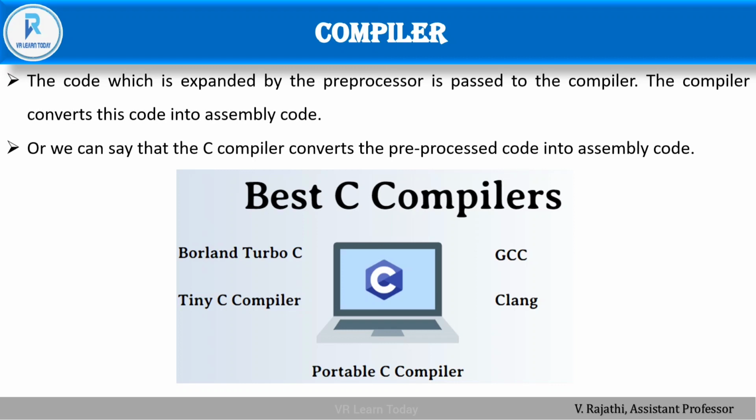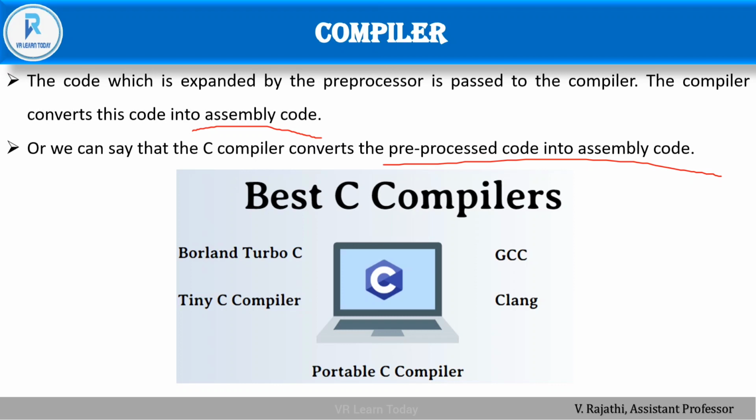Next, compiler. So this one we already know, right? The code which is expanded by the preprocessor is passed to the compiler. So the first step is the preprocessor, and the preprocessed code is passed to the compiler. The compiler converts this code into assembly code. Or we can say the C compiler converts preprocessor code into assembly code.